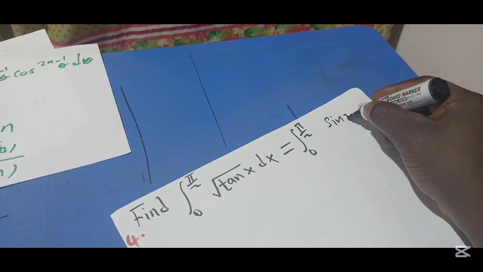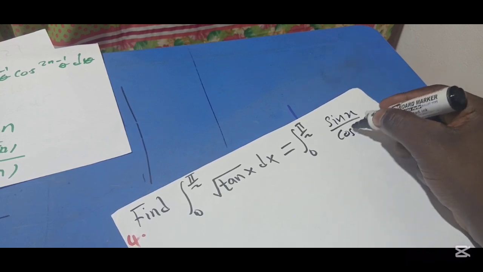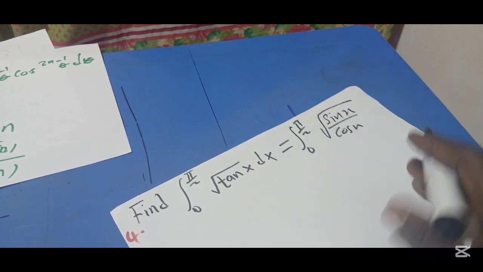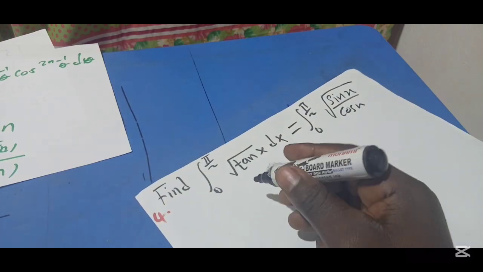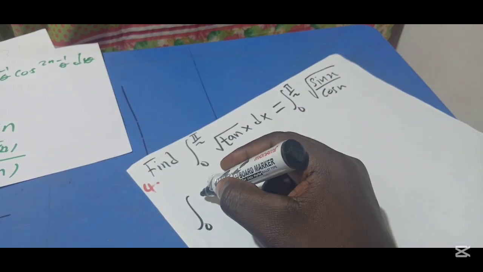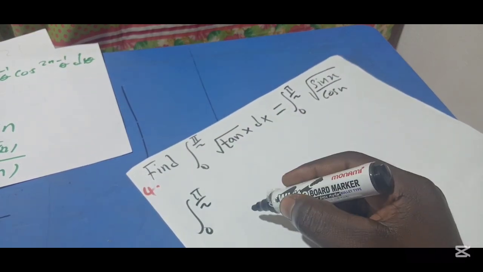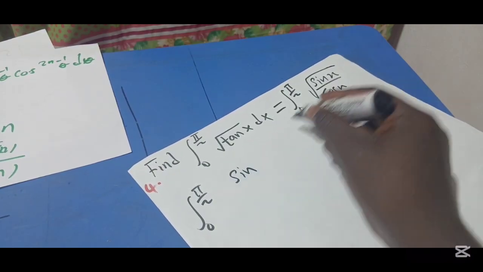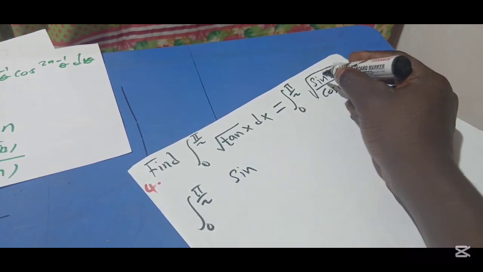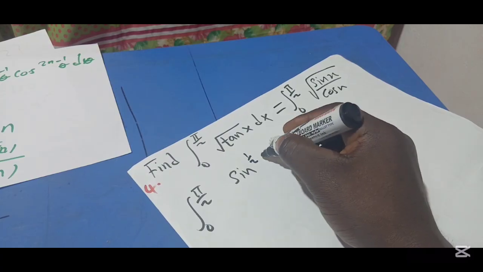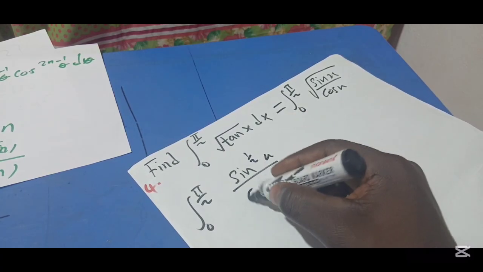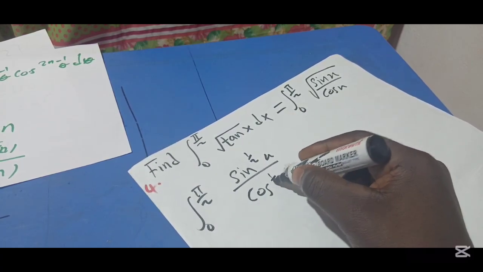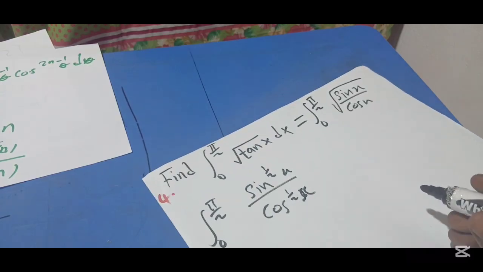So sine x on cos x, or on the root of cos. We know square root of cos is the same as cos to the power half, right? So sine x on cos to the power half x.